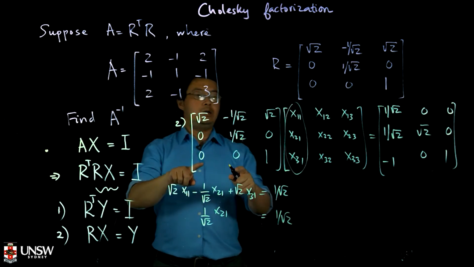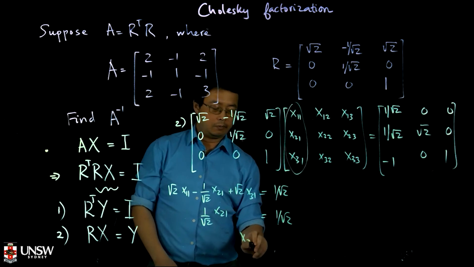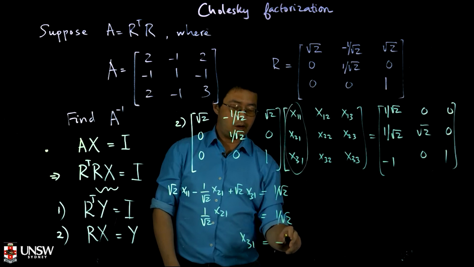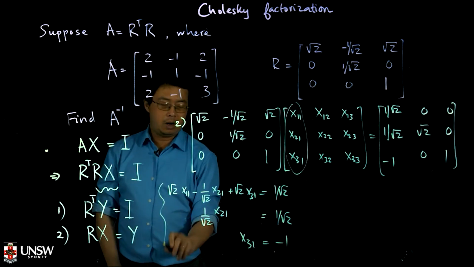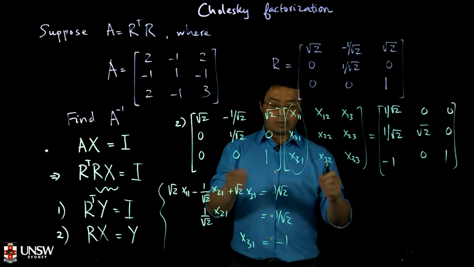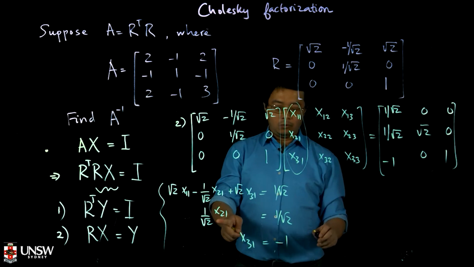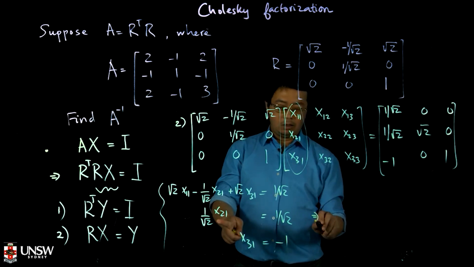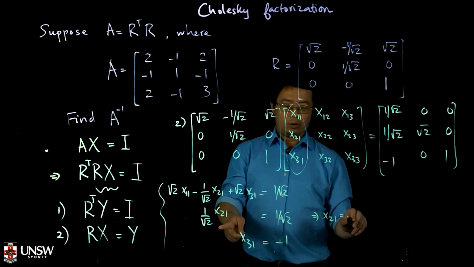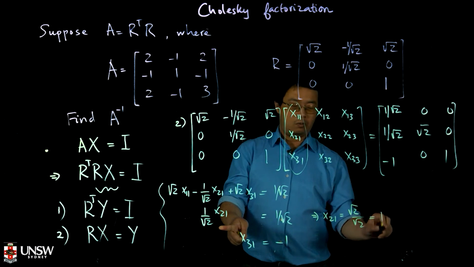And the last one is 0, 0, X31, which equals the last entry of the column, minus 1. So now I have a system of 3 equations, and I can do backward substitution. I have X31 already, so then I have X21 as well. X21 is just root 2 over root 2, which equals 1.